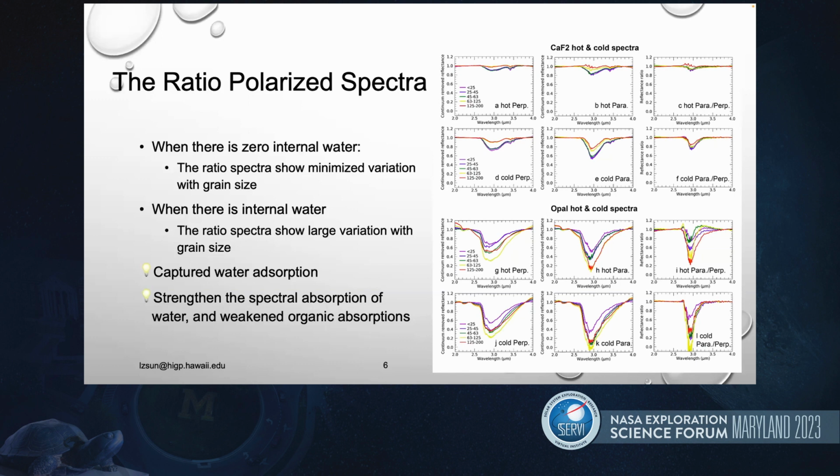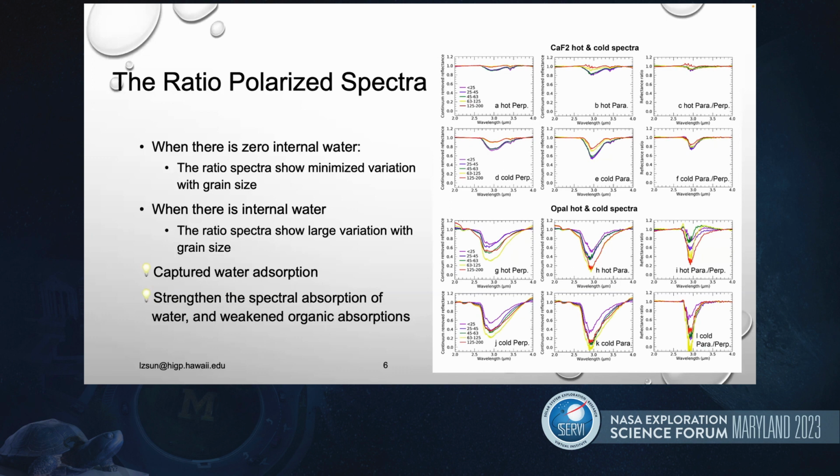And if you look at the opal spectra, it shows a very different trend. In the last column, the bottom two figures, we see an increase in the 3 micron absorption with grain size. So when there is water and when there isn't, this ratio spectra shows very different trends with grain size variation.